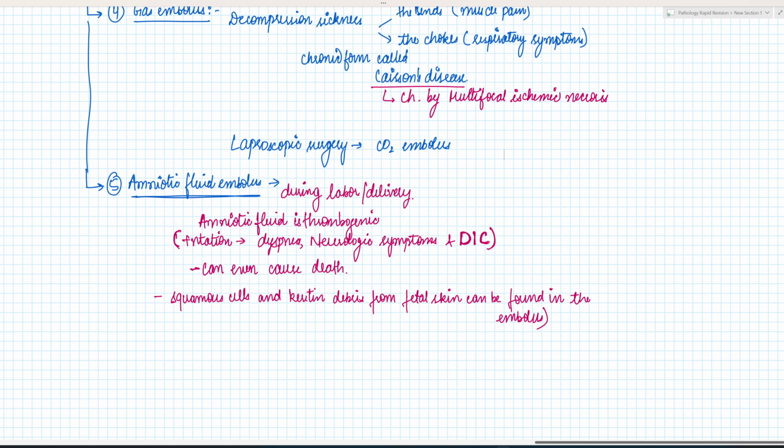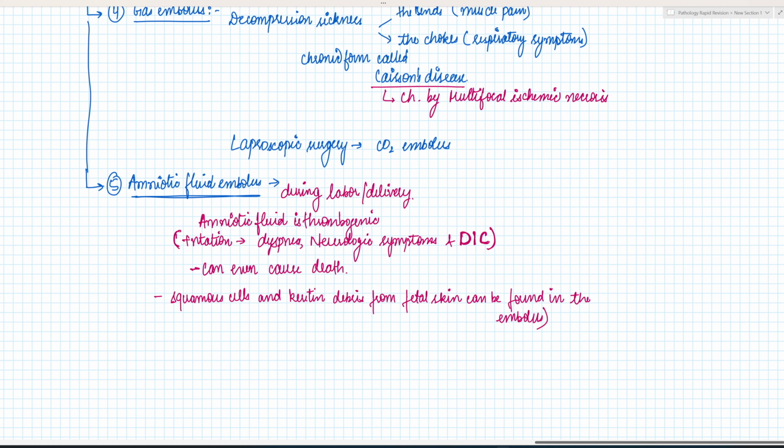When amniotic fluid leaks during labor or delivery and mixes with the blood of the maternal circulation, that can cause widespread thrombosis and a DIC-like presentation. Remember, we also discussed disseminated intravascular coagulation, and we said obstetric causes are the most important. So this ties in here.